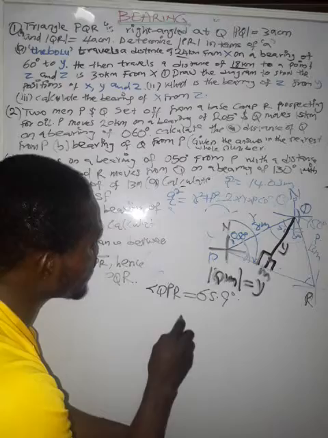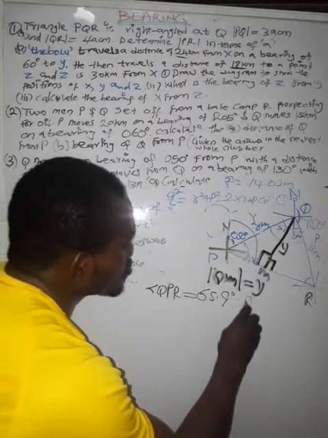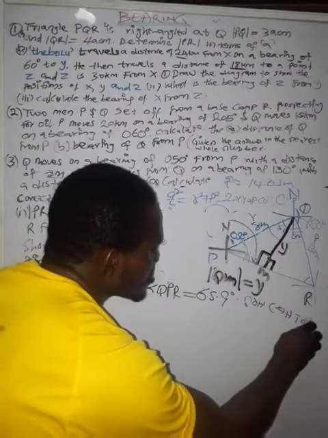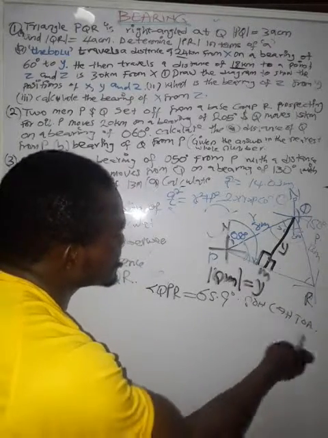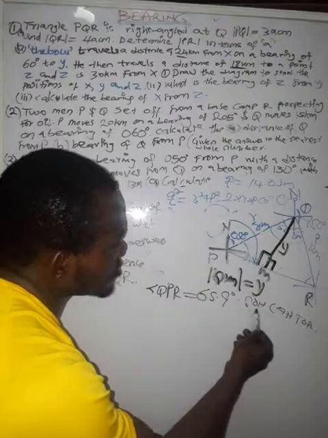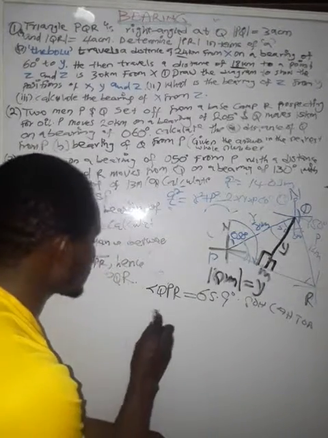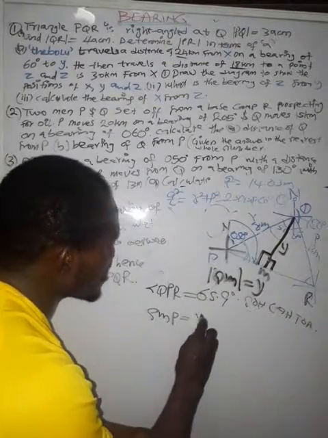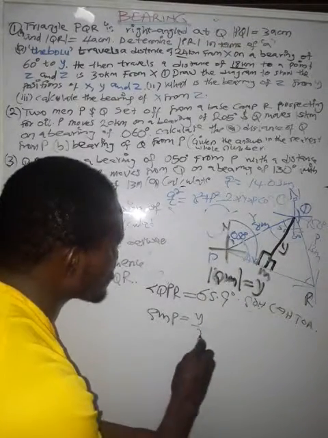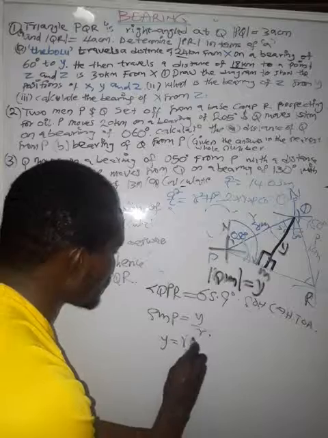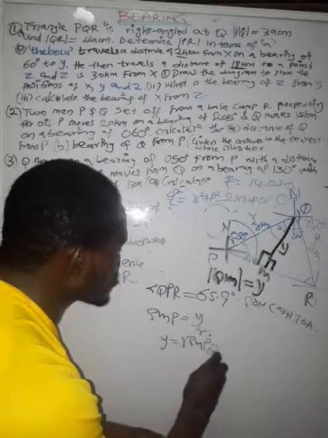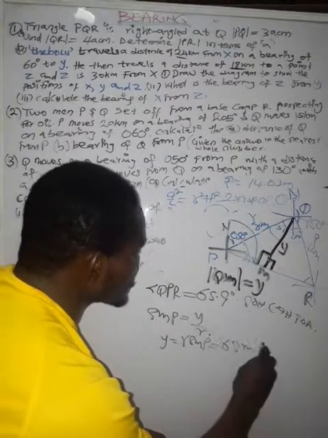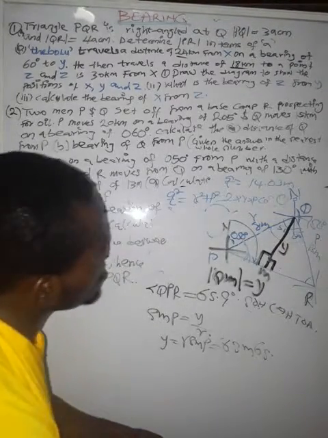So sine is opposite over hypotenuse, from SOHCAHTOA. So which one will relate here? Opposite and hypotenuse, sine. So sine P equals opposite y over hypotenuse r. So y equals r sine P, where r is 8 meters and P is 65.9.